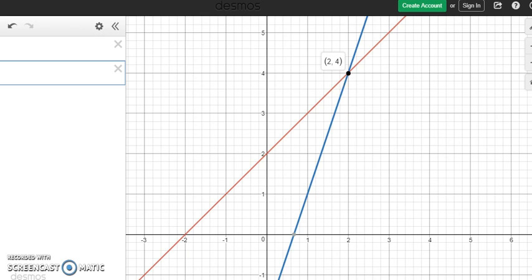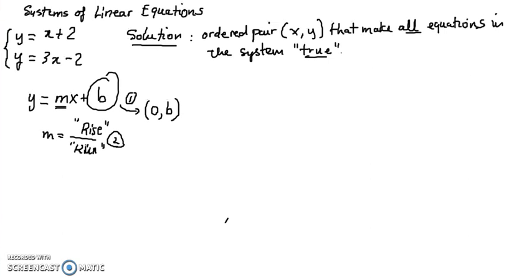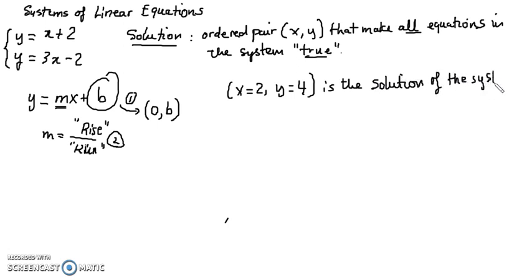Coming back, from our graph we have x equal to 2, y equal to 4 as the solution of our system.